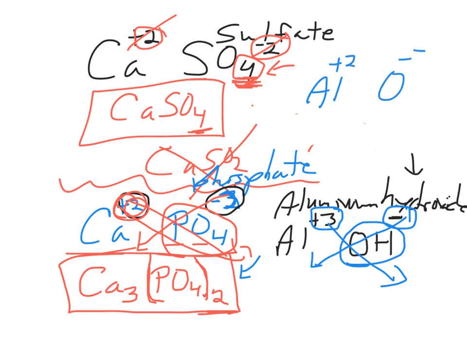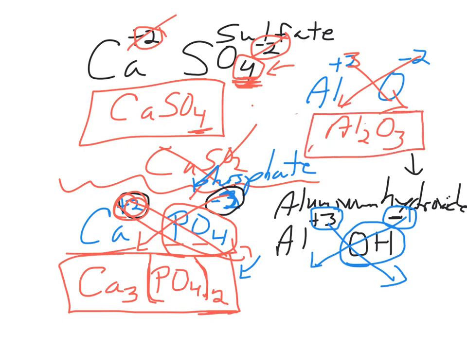I believe this is one of the answers to your worksheet. Aluminum is a +3, sorry. You're going to crisscross. So it would be Al2O3. And you don't have to have parentheses because oxygen's by itself. But here, oxygen's not by itself. It has hydrogen as well. So this is a compound. It's not an element like this one. Okay, we see the difference?